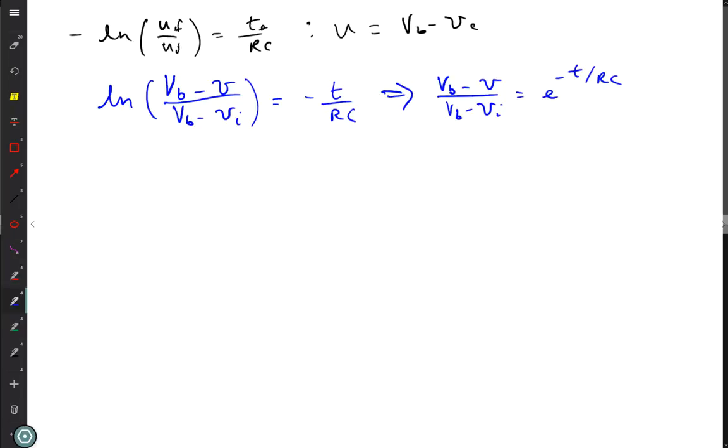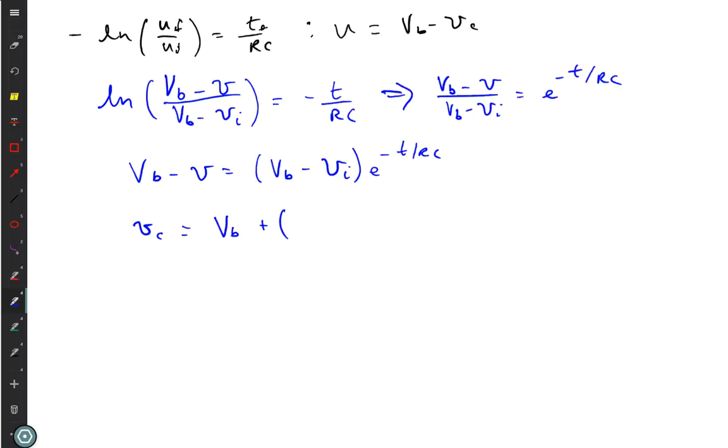Multiply across by the VB minus V initial, and I'll have, and finally, solving this for V, the voltage across the capacitor at any time is equal to VB plus, and I'm moving the VB minus VI term across the equal sign, so it's going to be a negative.